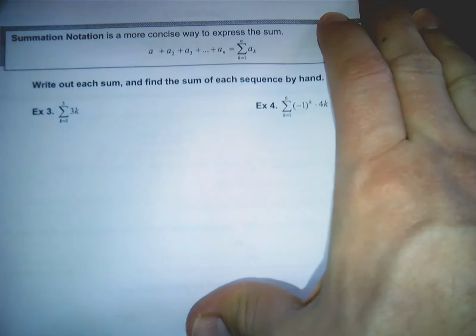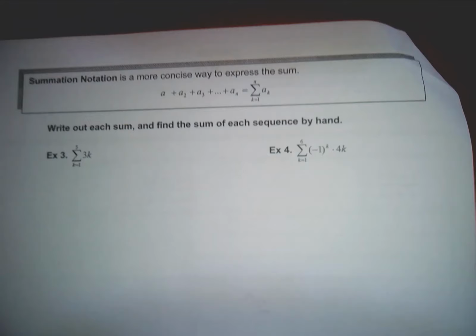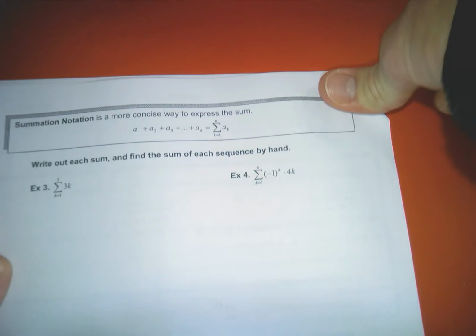Ladies and gentlemen, let's finish up. We got goal number 2 and 3 using summation notation. So using summation notation and then writing out this summation, okay? So what we have here is that you guys should know that math teachers are kind of lazy, okay?